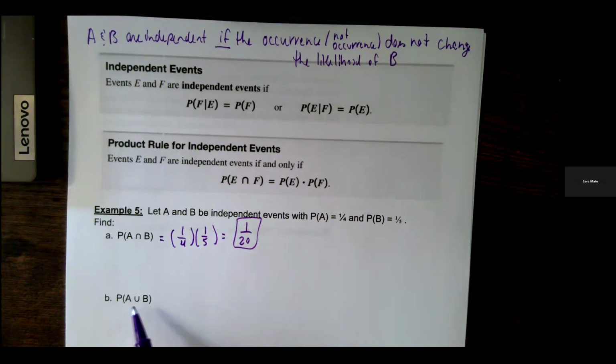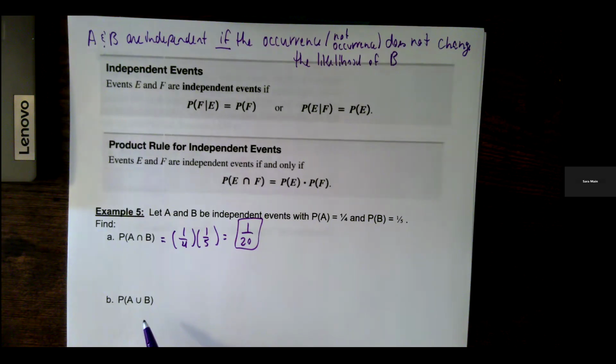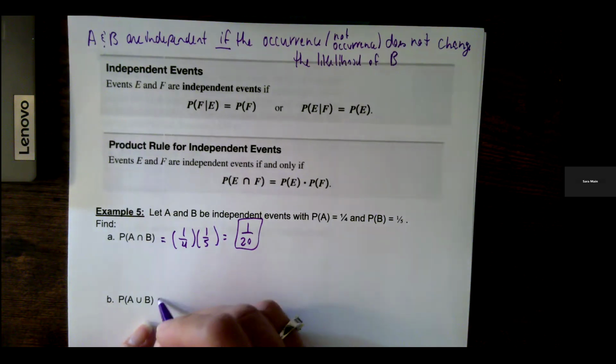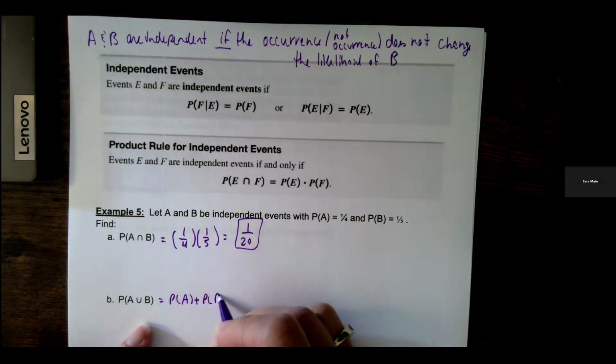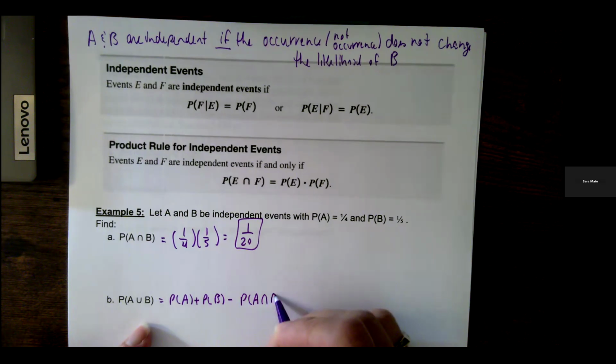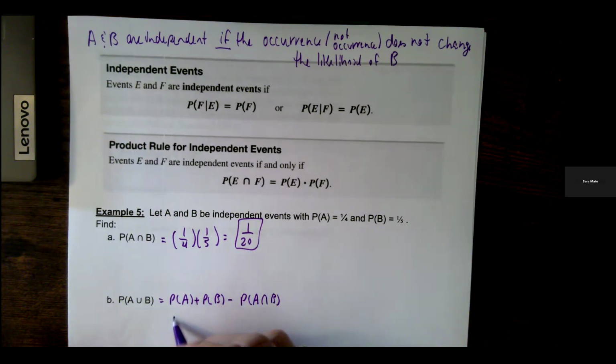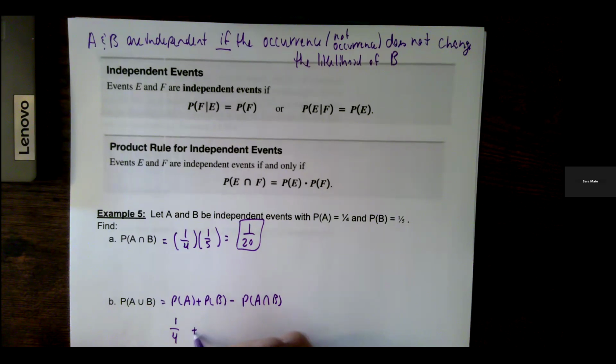What about their union? So their union would be the probability of A plus the probability of B minus the probability of A intersecting B, which we just found. So this would be 1/4 plus 1/5 minus 1/20.